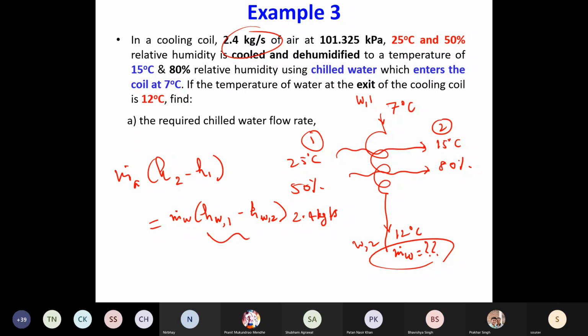So this is nothing but Cp delta T for water, and this you can obtain from the ES or from the charts, because you know the state 1 and state 2. You also know the mass flow rate of it. Any doubts?